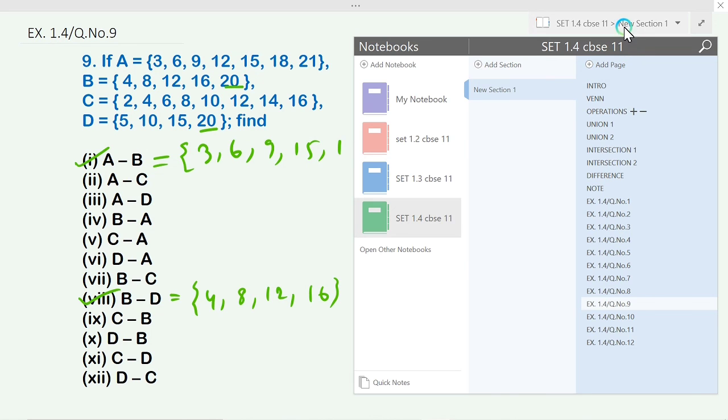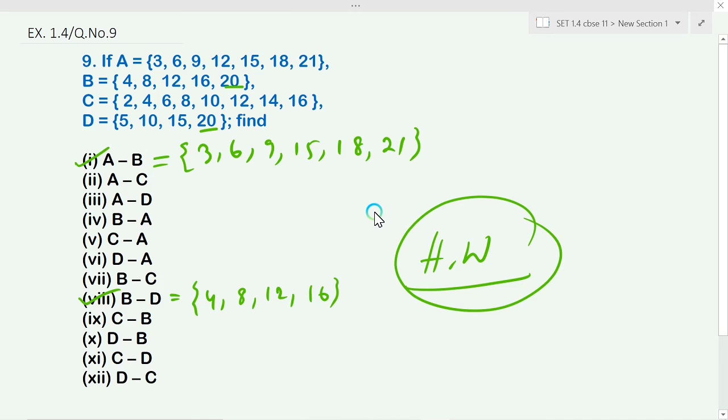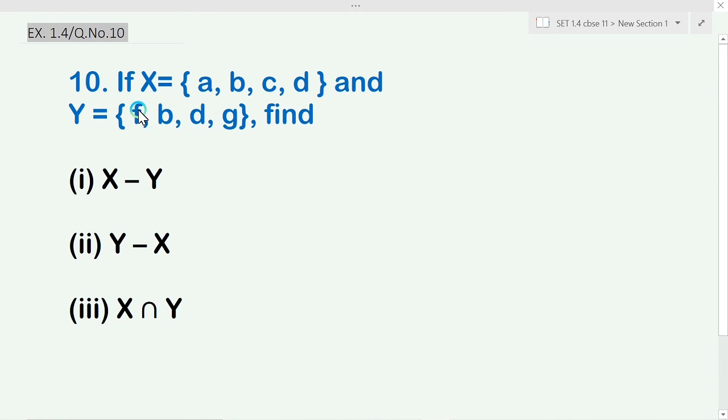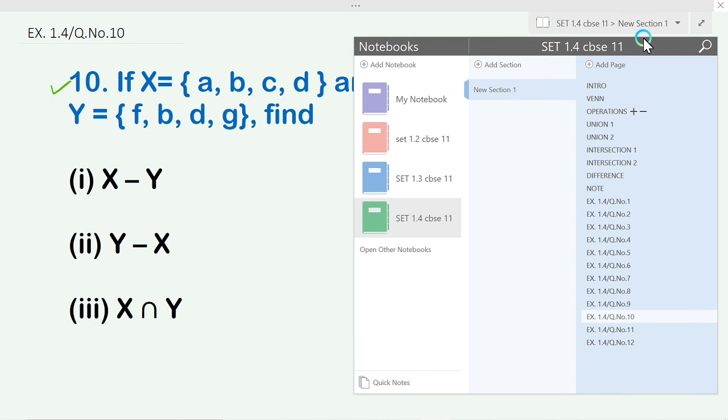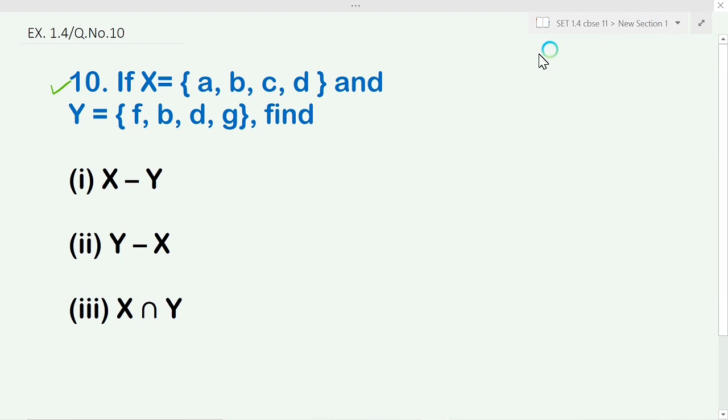So that's all. No, there is another question, number 10 also. Sorry, questions number 10, 11, 12 are also here. X equals {A, B, C, D} and Y equals {F, B, G, D}. Find X minus Y and Y minus X. First of all you have to find the common elements between X and Y. Is there any common?